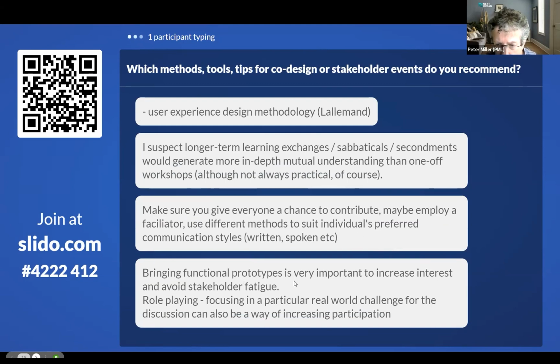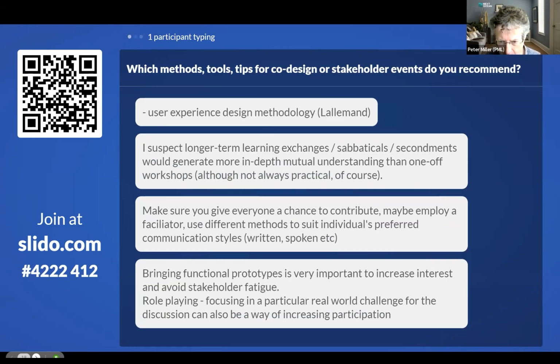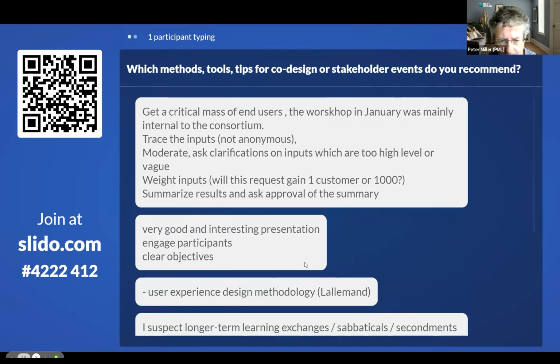Functional prototypes is very important. So focusing on role-playing, focusing on a real-world challenge. Yeah, this is something that I'm hoping to do when we have an in-person co-design event. User experience design methodology. Well, that's helpful, because I certainly don't know all of the literature. Thank you.